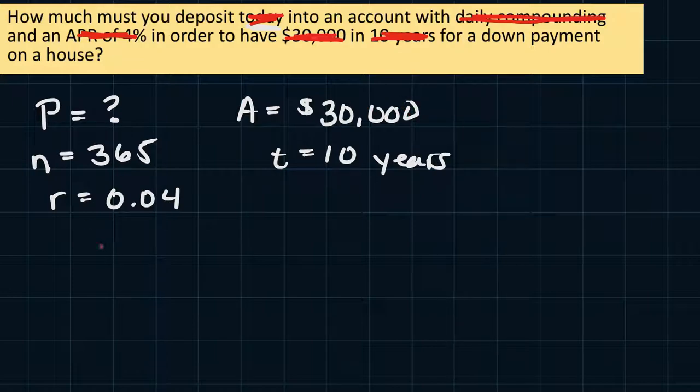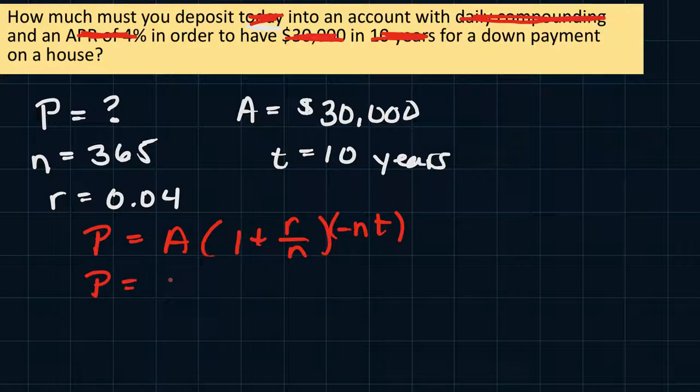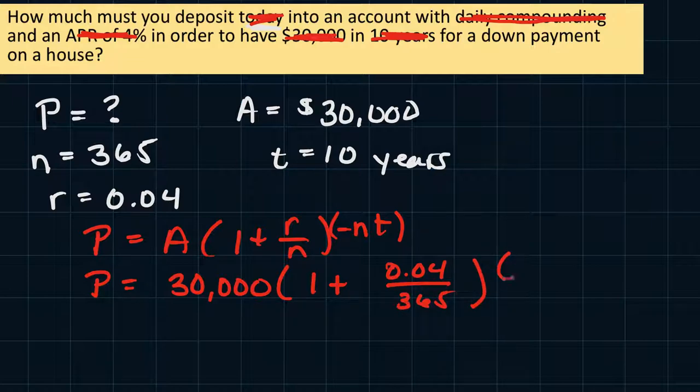All right, let's write our formula that we need. Since we need to solve for P, we need to use this formula here. Okay, let's put everything we have in the formula. So 30,000 for the A, 1 plus 0.04 divided by 365 raised to the negative 365 times 10.